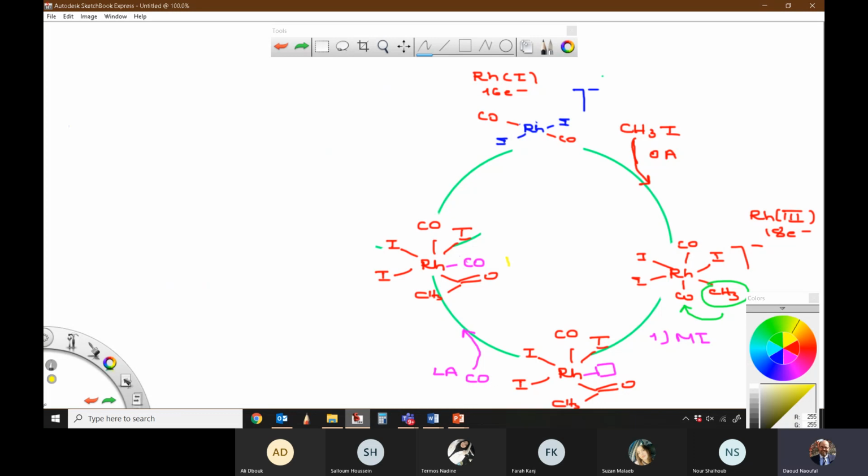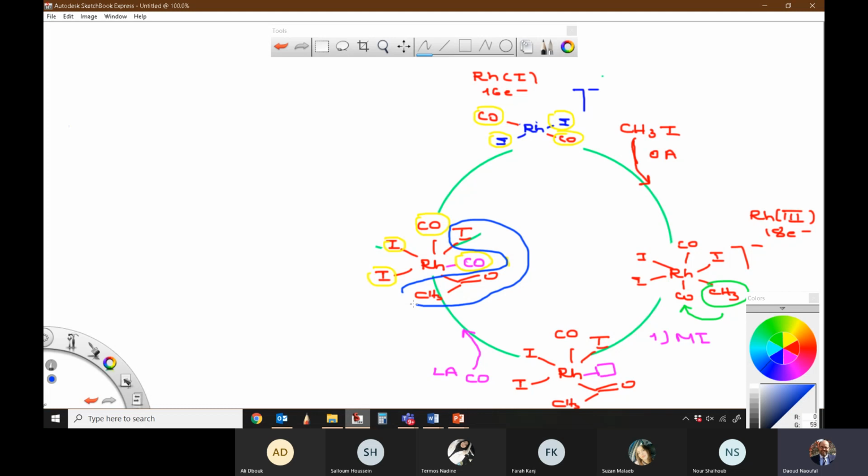Rhodium. This is the first I. This is the second I, the CO, the CO. This is 2 I, and we have 2 CO. This is 1 CO and the second CO. So the reductive elimination is CH3CO with the I minus.